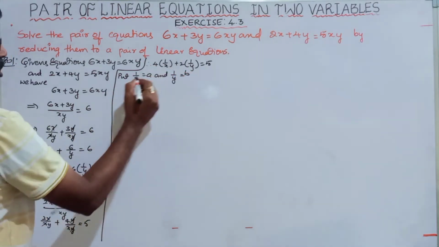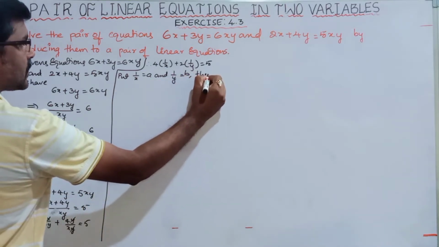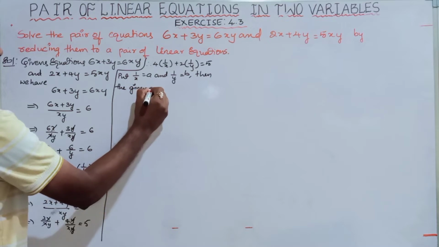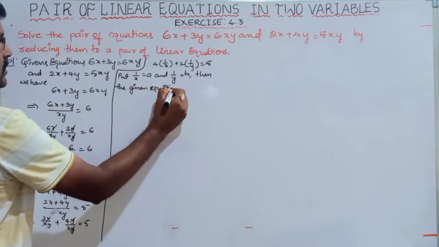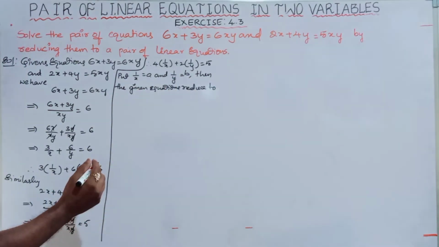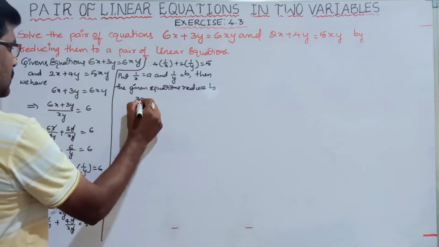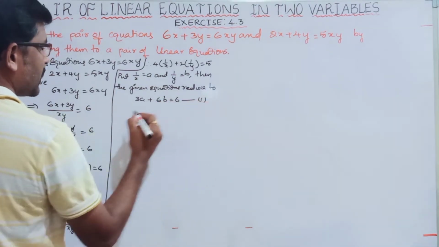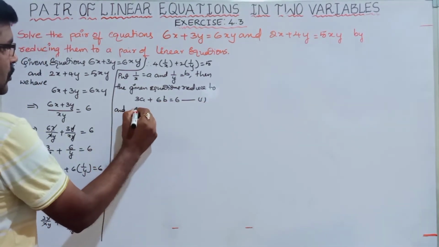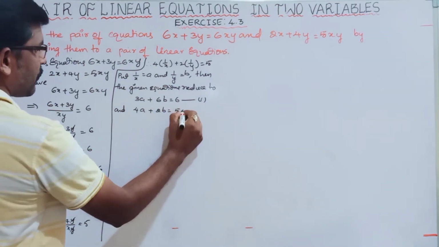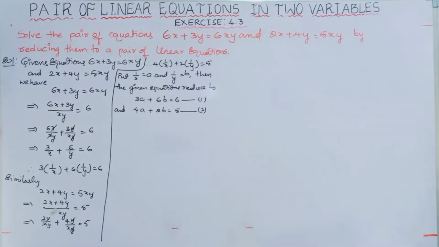Then the given equations reduce to 3a plus 6b is equal to 6, equation 1, and 4a plus 2b is equal to 5, equation 2.